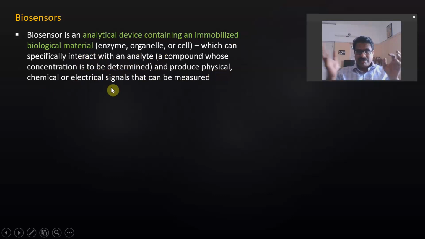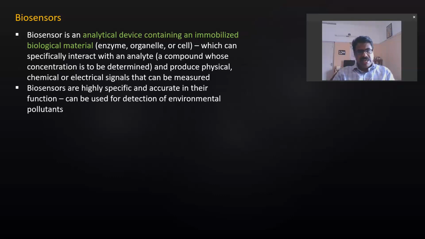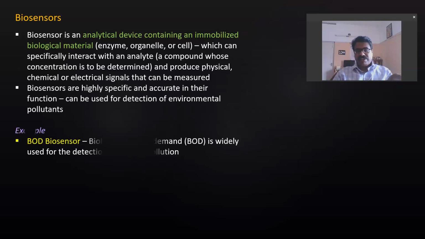In earlier cases we saw only physical changes, but here physical, chemical, and also electrical signals can be detected. So we can measure quantitatively how much pollutant is there. Biosensors are highly specific, highly accurate, and can be used for detection of environmental pollution.